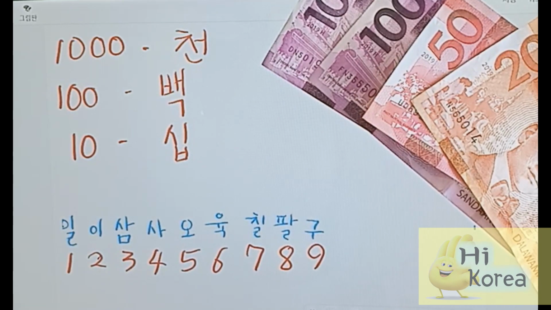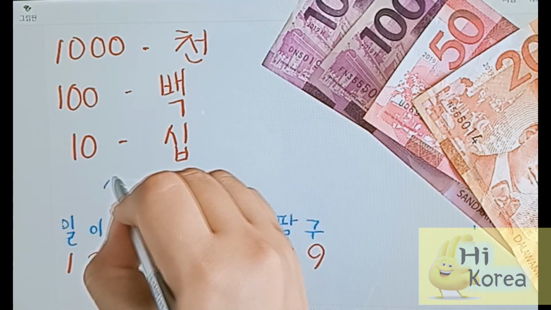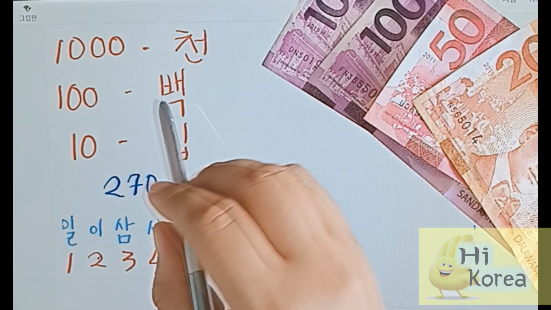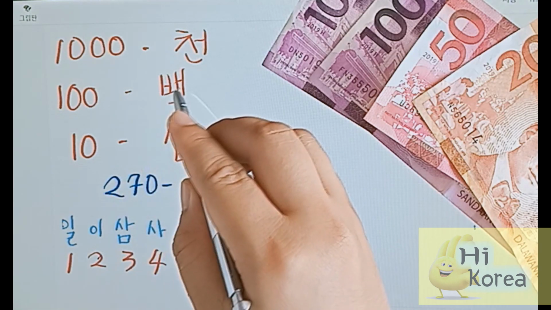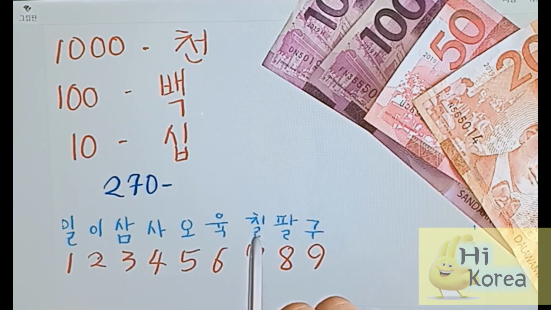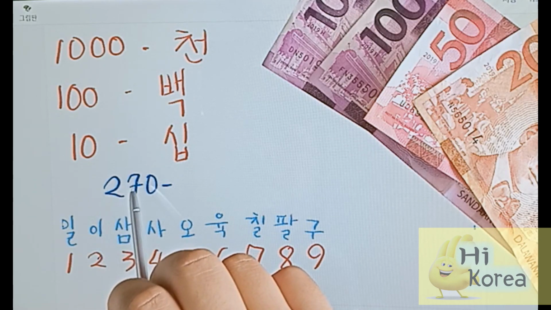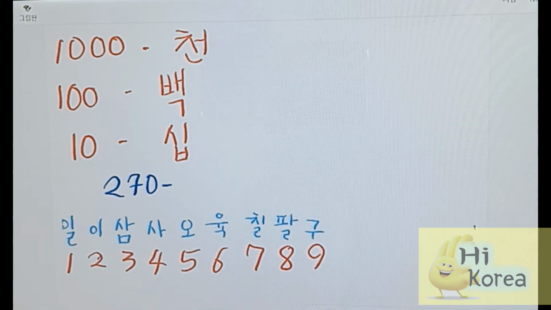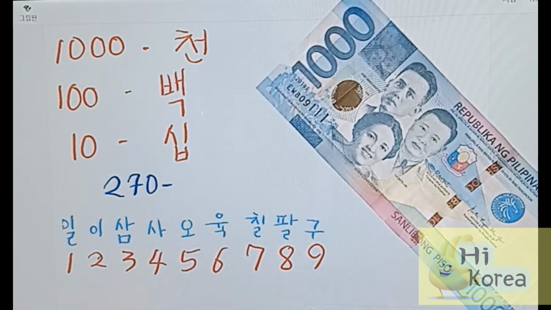Okay, for example, we have 270. So 200, 70. So 270.